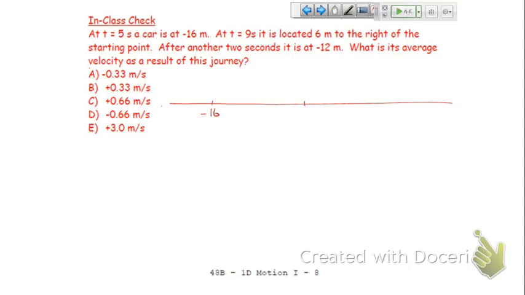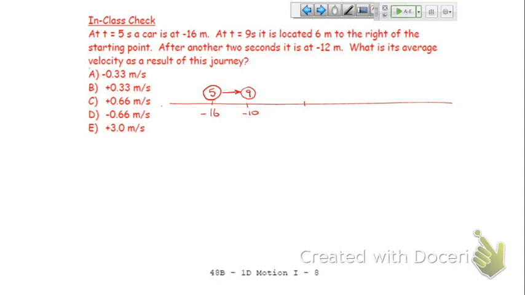So here's minus 16, and my clock says 5. I'm not starting off at 0 seconds now. At t equals 9 seconds, it's located 6 meters to the right of the starting point. So that means it's going to be minus 10, and this is going to be 9 seconds. And I went from there to there.